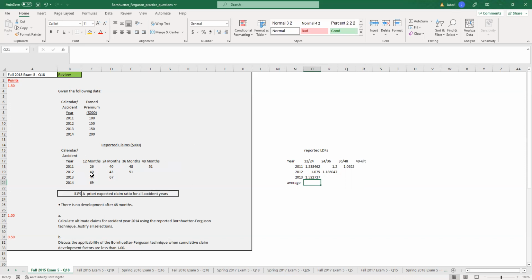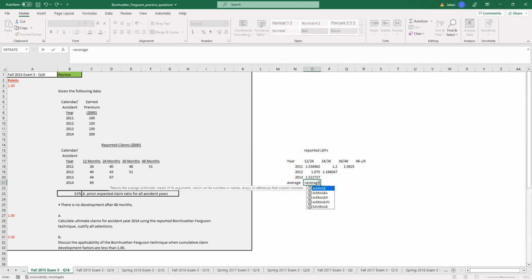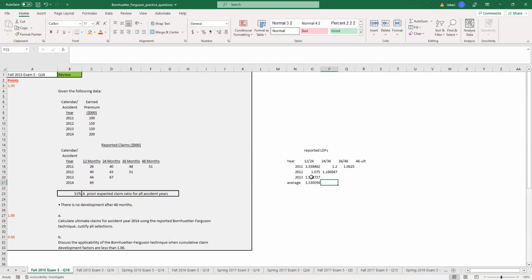This could be a sign that the case reserve adequacy increased, and this caused the loss development factor to decrease in the 2012 period. So because of that reasoning, I'm just going to take an average of 2011 and 2013, because the case reserve adequacy most likely threw off the 2012 loss development factor.